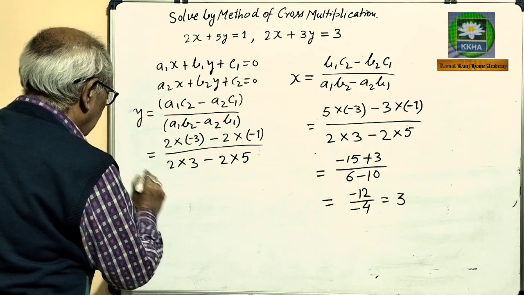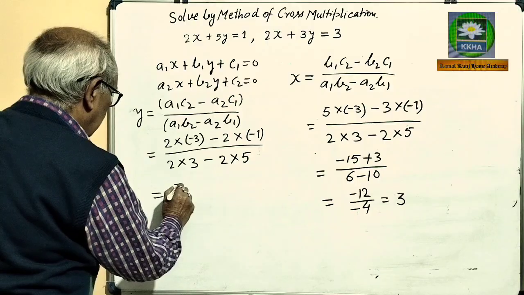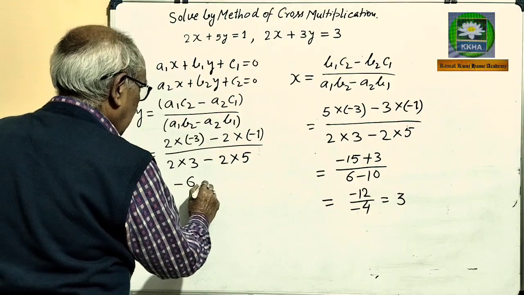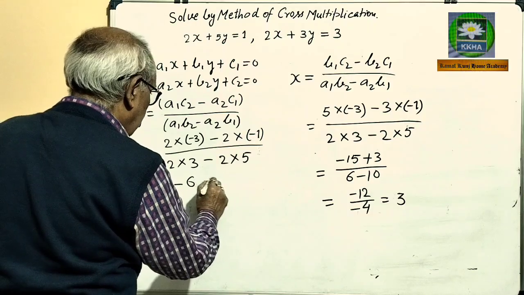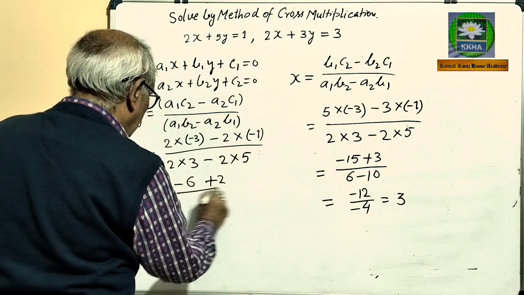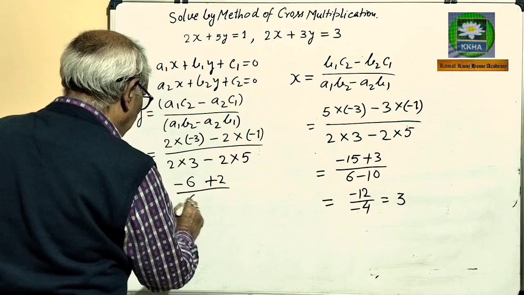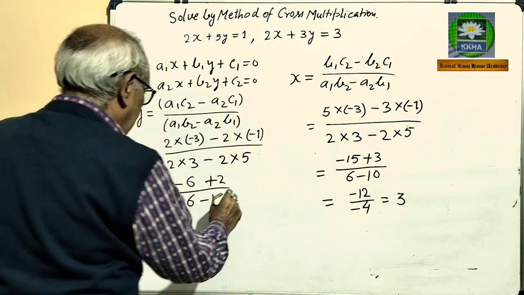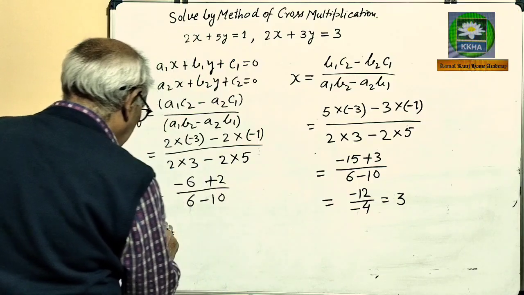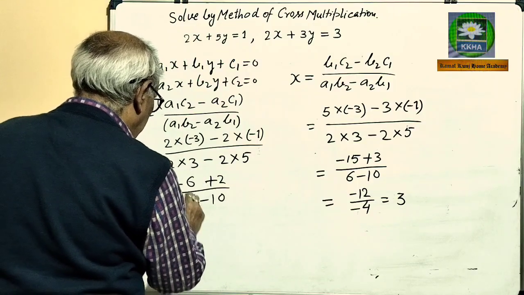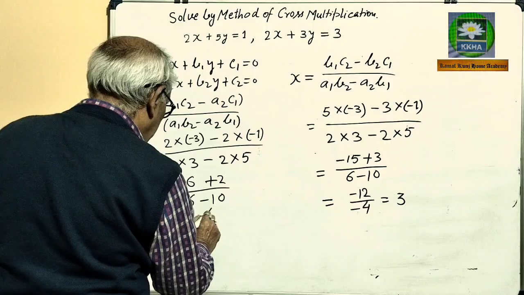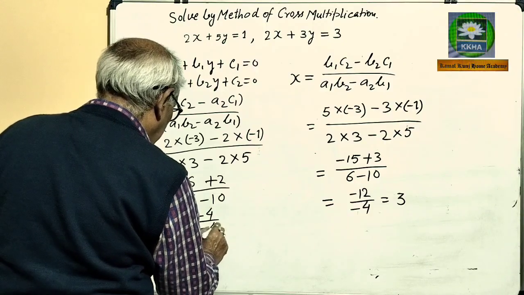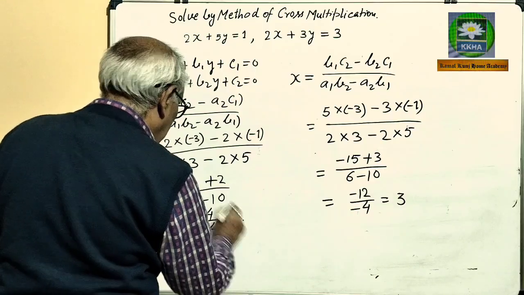So this is equal to minus 6 plus 2 divided by 6 minus 10, which is minus 4 upon minus 4 equal to 1.